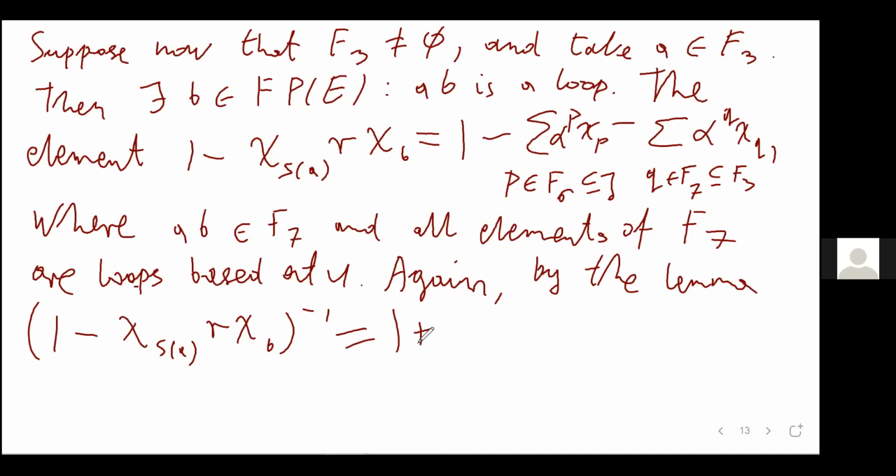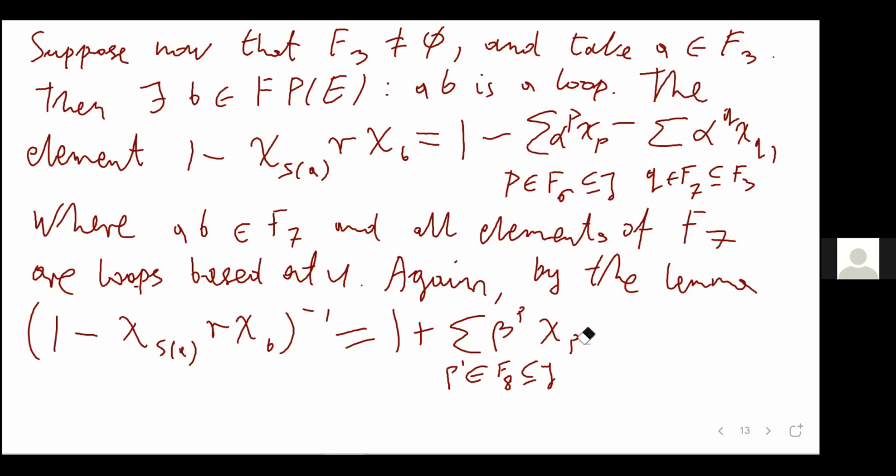I can write it as, now I'll introduce primes because now this is really a different animal. I take P prime running over some set F8, which is a subset of J. And now I have beta P prime chi P prime. So these are no longer coefficients alpha. This is why I changed them to beta. And sorry, this is not P1, but P prime.